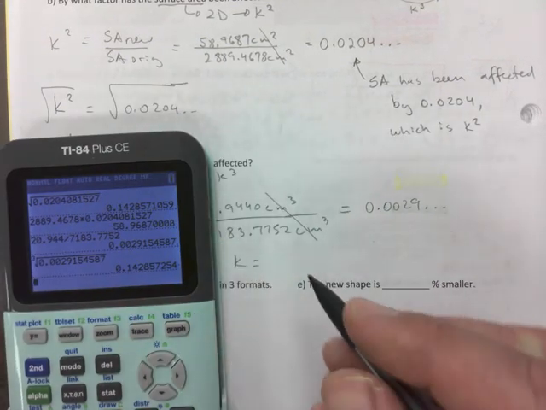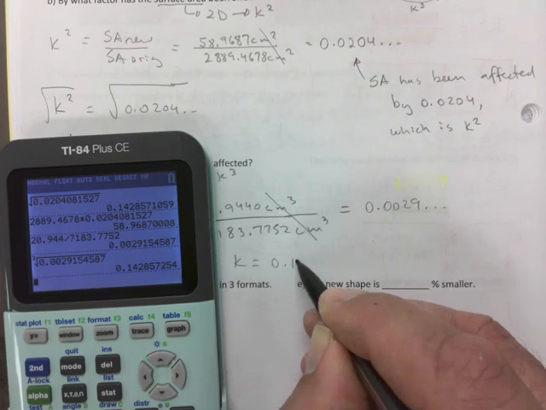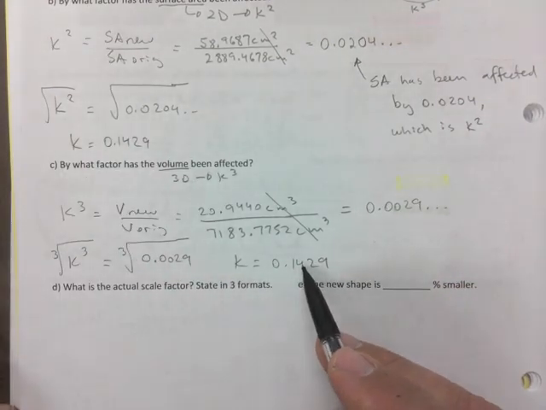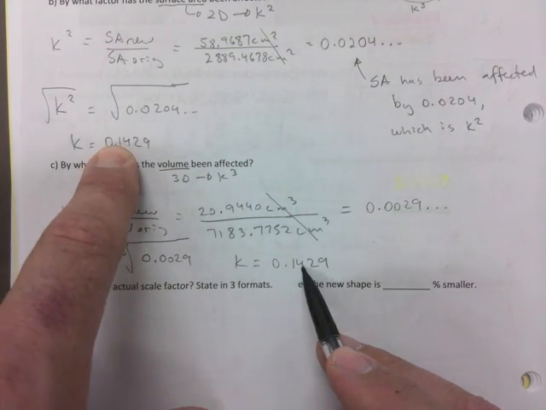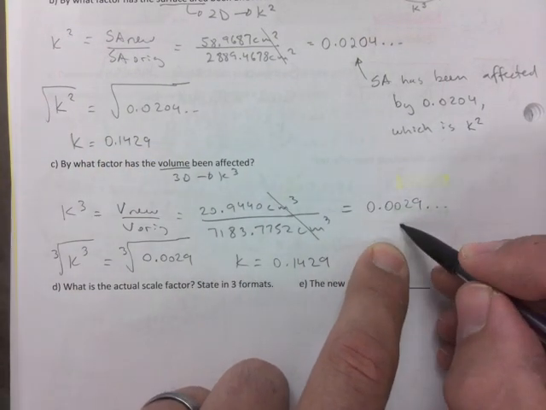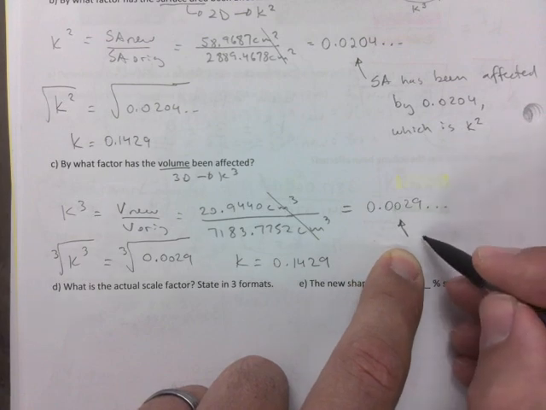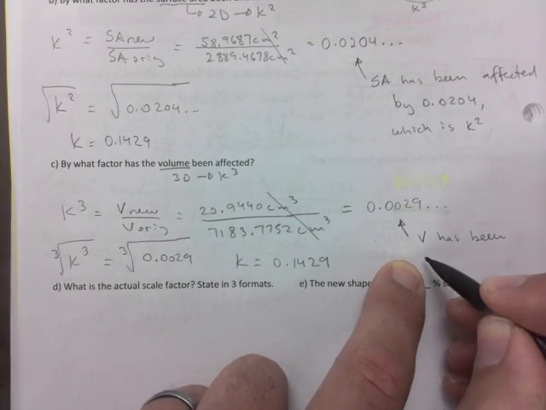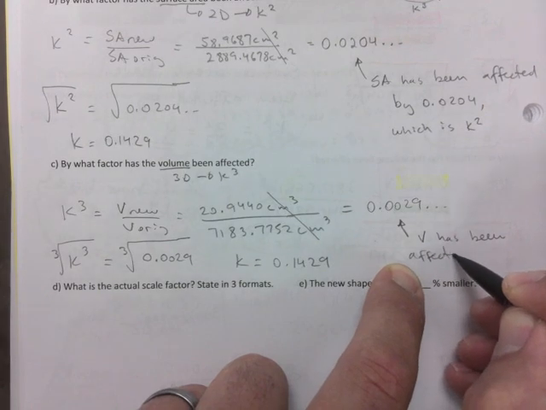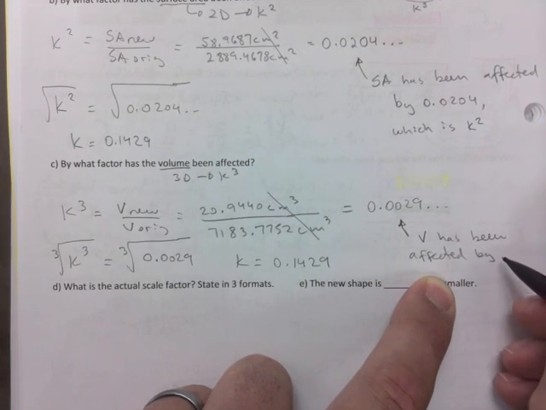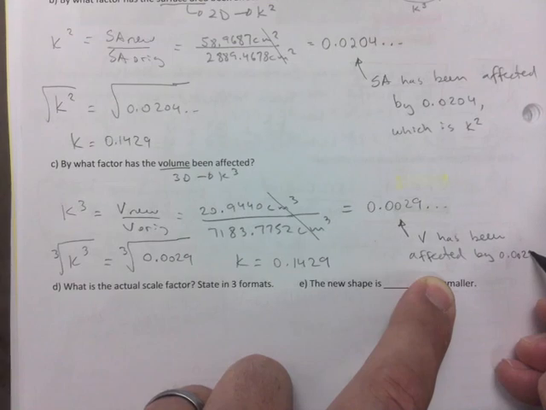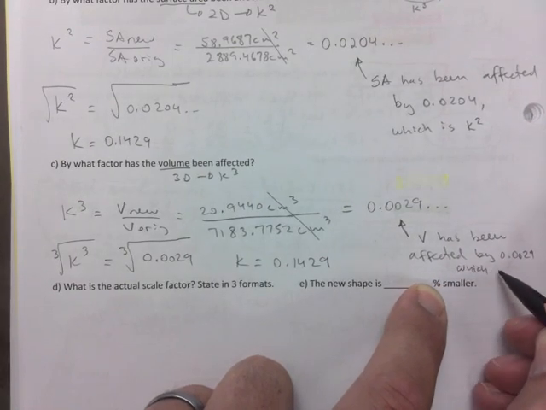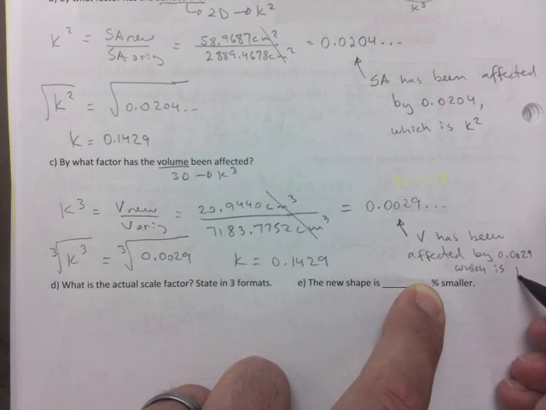You get 0.1429 rounded. So that is still our scale factor, never changed. But the volume has been affected by 0.0029, which is k cubed.